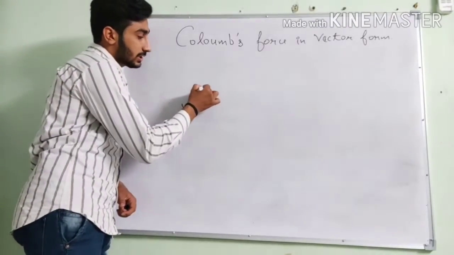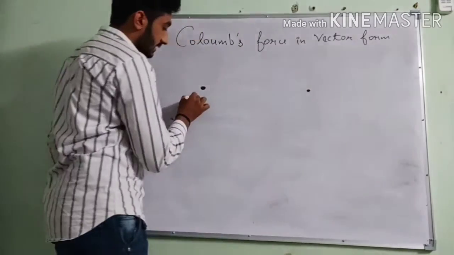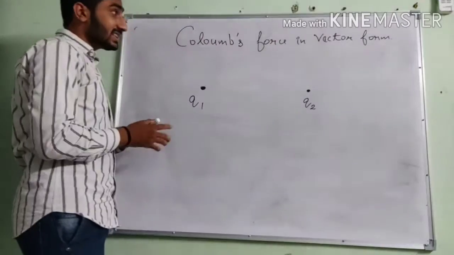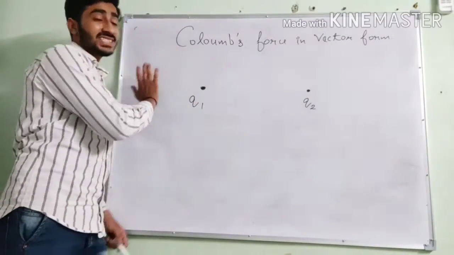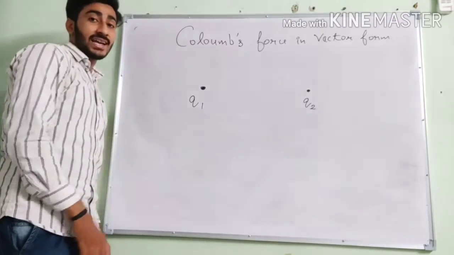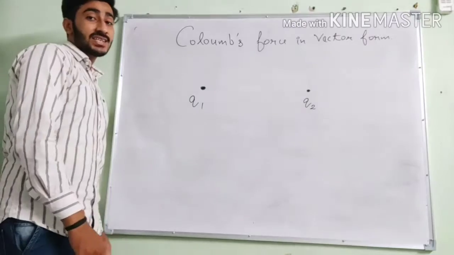Two forces. One is Q1 and Q2. In this there are two parts. First is when the charges are like and when the charges are unlike. As we know, unlike charges attract each other and like charges repel each other.